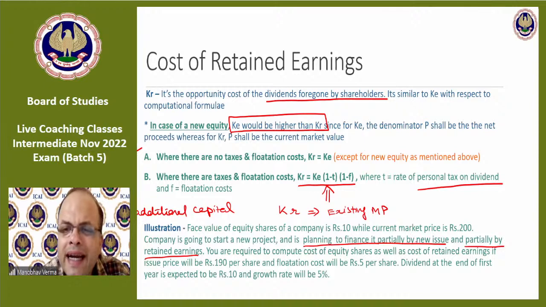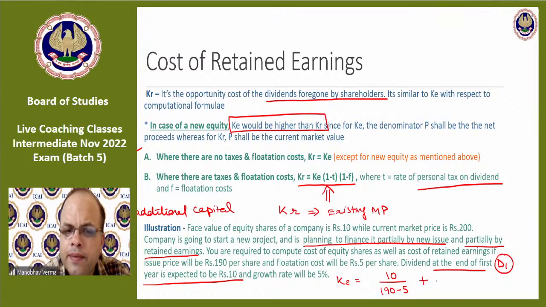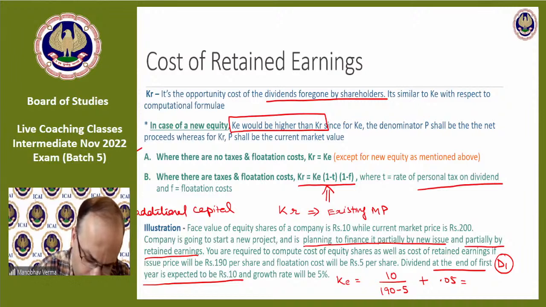We are given the dividend at the end of the first year, so we already have D1. We do not multiply this by 1 plus g. So we are talking about D1 upon P0 for KE, where D1 is given to us as 10. Net proceeds are 190 minus 5, plus growth rate 0.05. Can anyone tell me what is the cost here?